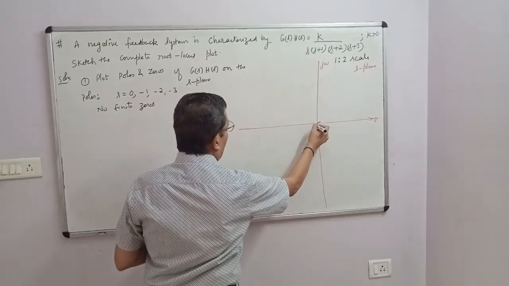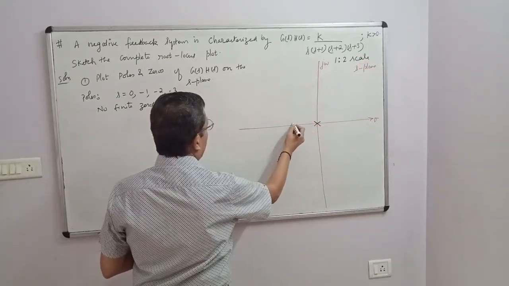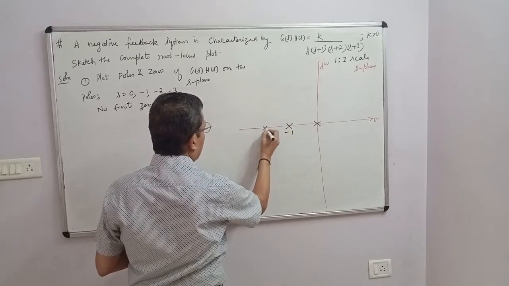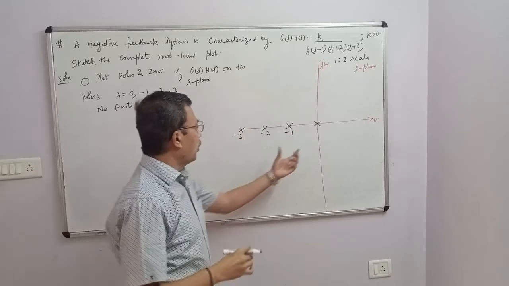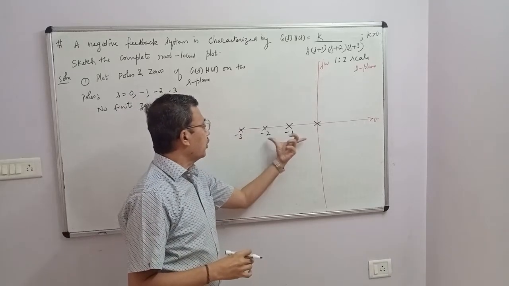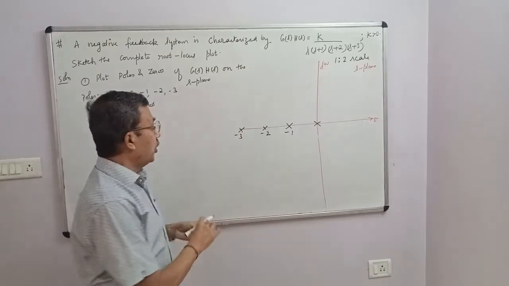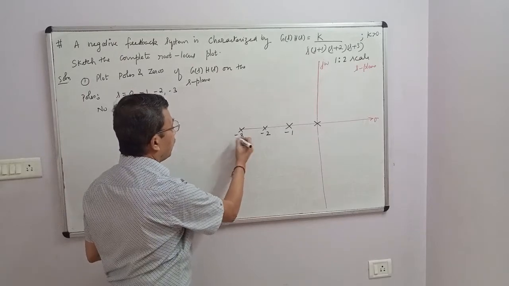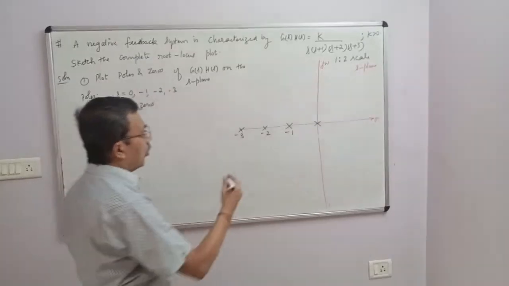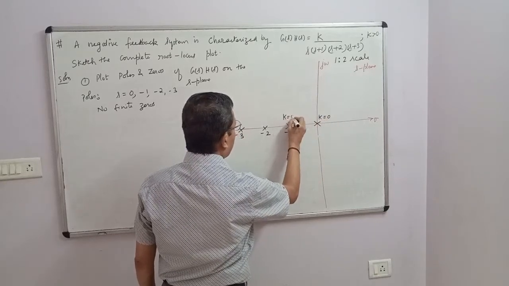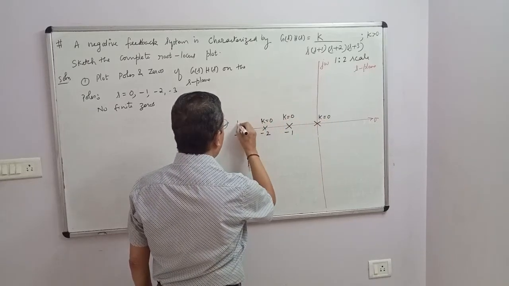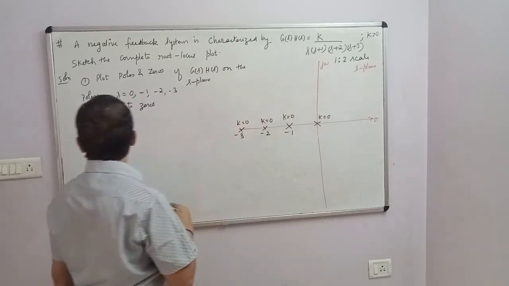We have poles at the origin, minus 1, minus 2, minus 3. Minus 1 means 2 centimeters, minus 2 means 4 centimeters, minus 3 means 6 centimeters. On the top of the poles, write K equal to 0.